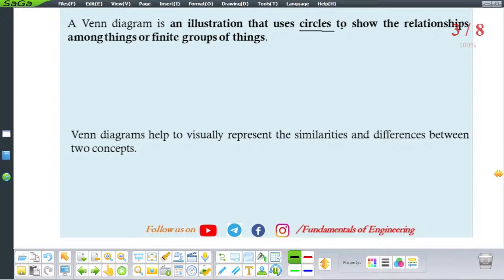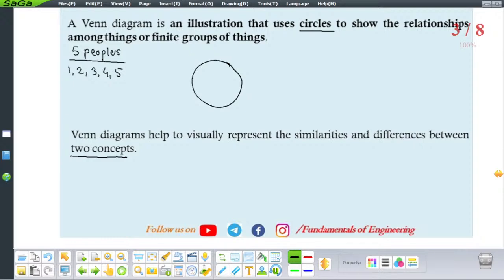A Venn diagram helps to visualize and represent the similarities or differences between two or more concepts. Suppose we have 5 people, numbered 1, 2, 3, 4 and 5, selected randomly.